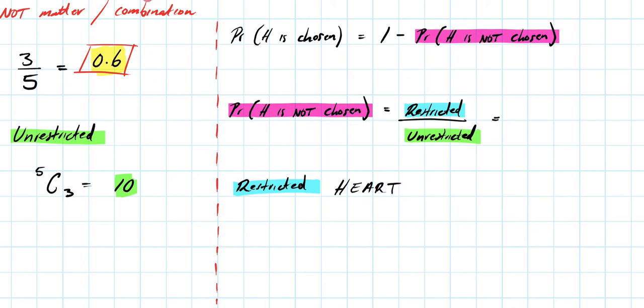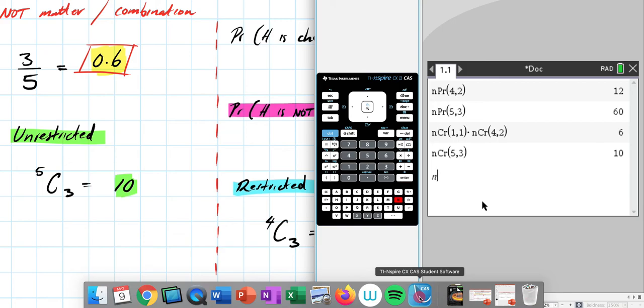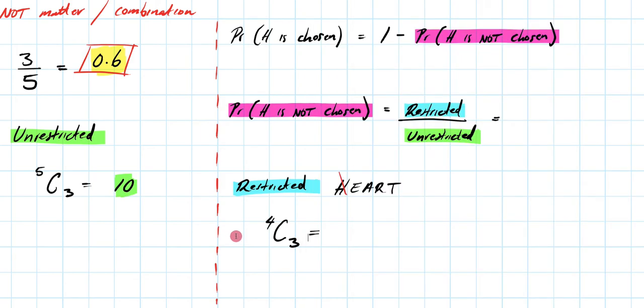If H is not chosen, that means I can't choose the letter H, which means I have 4 letters that I'm trying to put into 3 spots. So 1, 2, 3, 4 letters into 3 spots. I go to my CAS, nCr(4,3), and it's going to be 4.